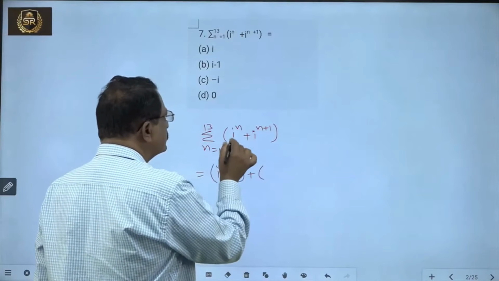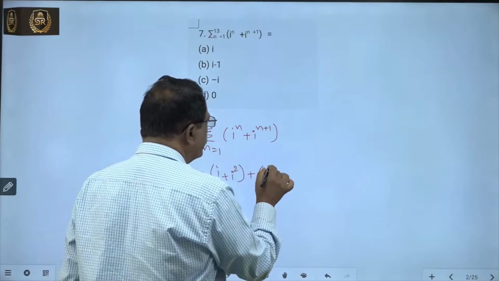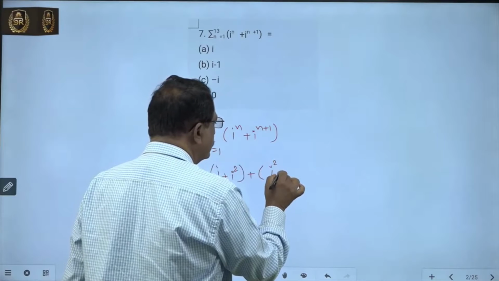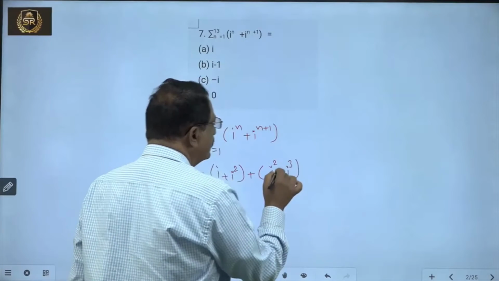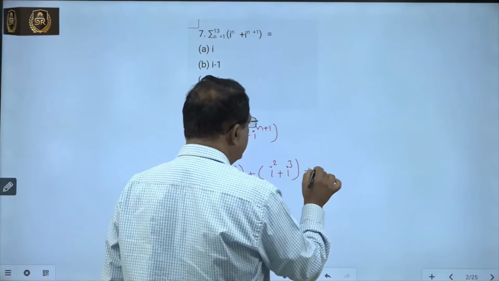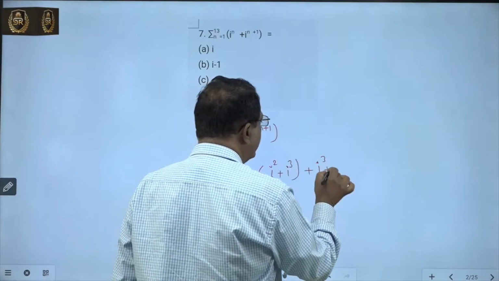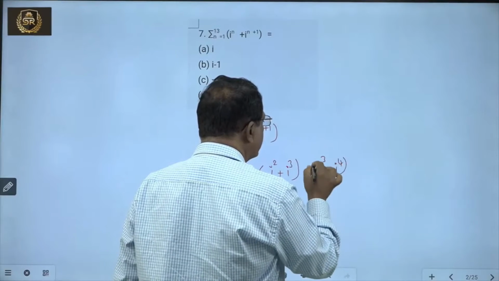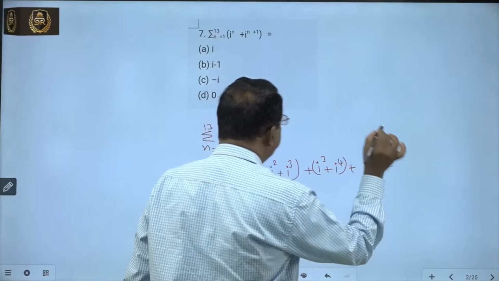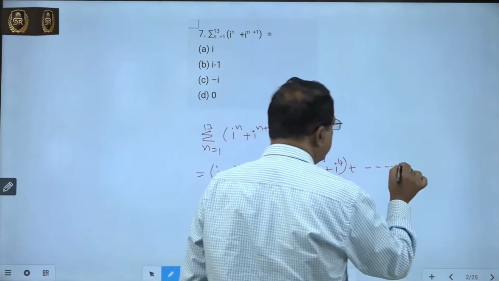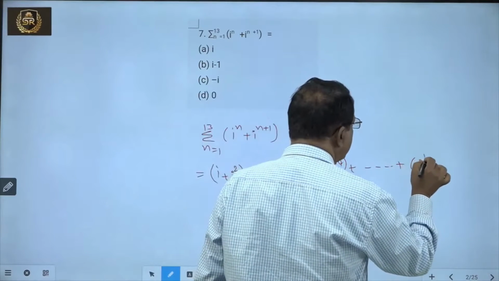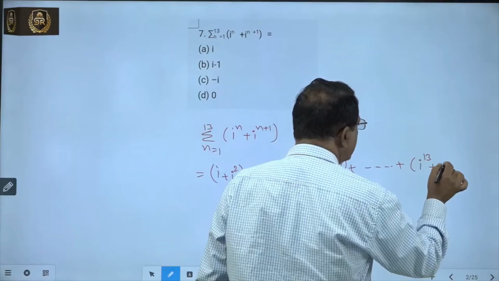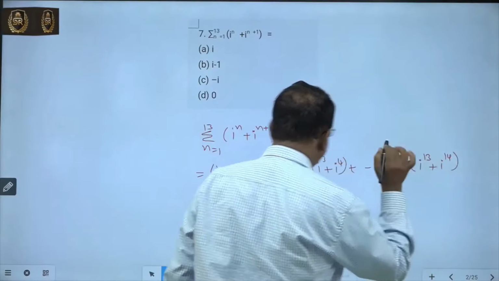Plus n equals 2: i square plus i cube. Next n equals 3: i cube plus i to the power of 4, and so on, up to n equals 13: i to the power of 13 plus i to the power of 14.